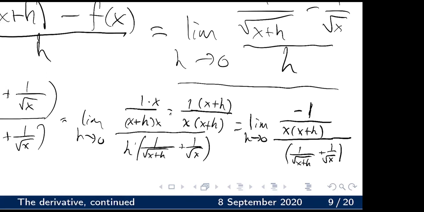Yeah, now I can just plug in 0, right? If I plug in 0, these are all algebraic functions that I'm messing around with. I'm multiplying, I'm adding, I'm dividing, but they're still all algebraic. So if I can plug in 0 and I get something that makes sense, then that's my answer. Okay, and so when you plug in 0, the h's go away.